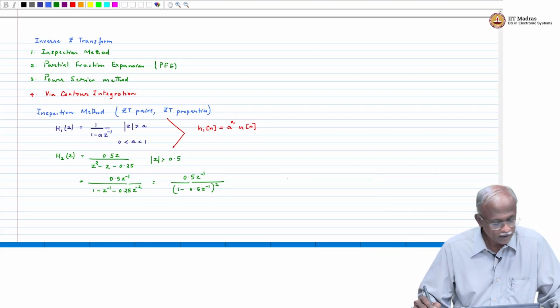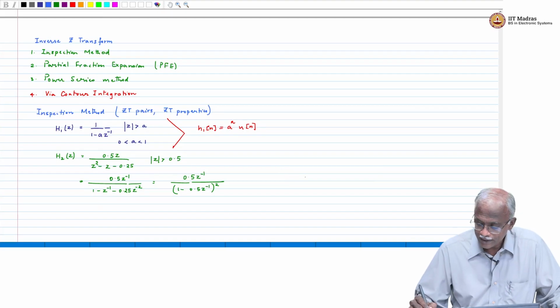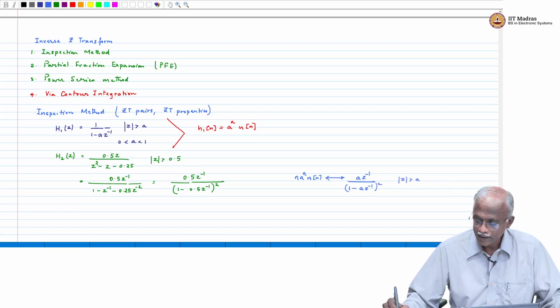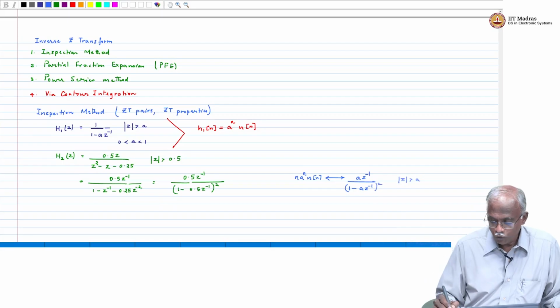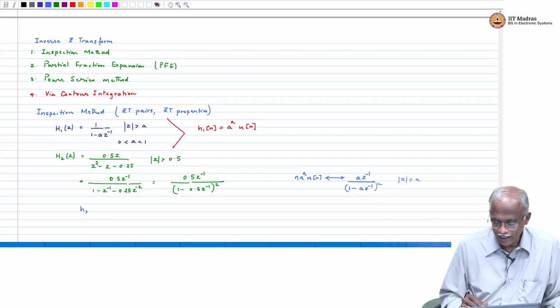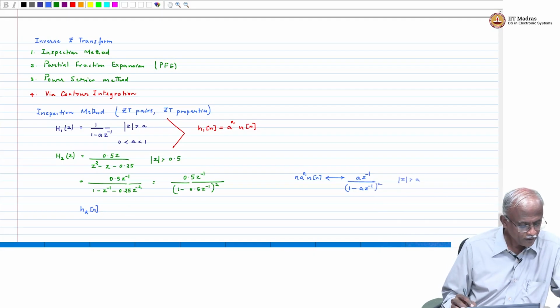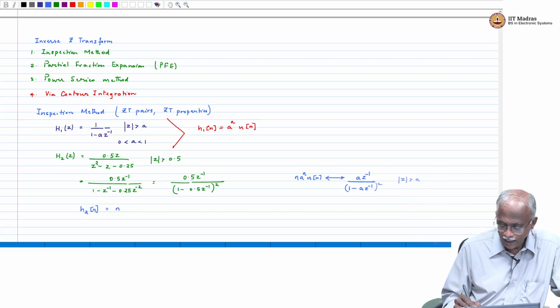Go back to the Z transform pair, which says that n times a power n u of n has a Z transform given by a Z inverse divided by 1 minus a Z inverse, the whole squared, with mod Z greater than a. This is the relationship. So from this we can write down h2 of n as n times one half raised to the power n, u of n.